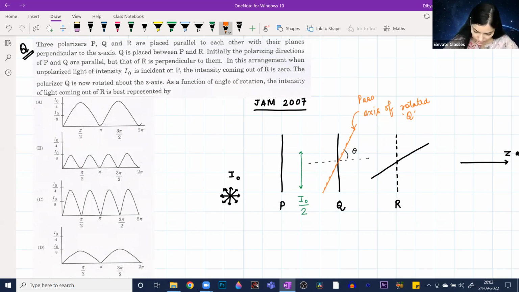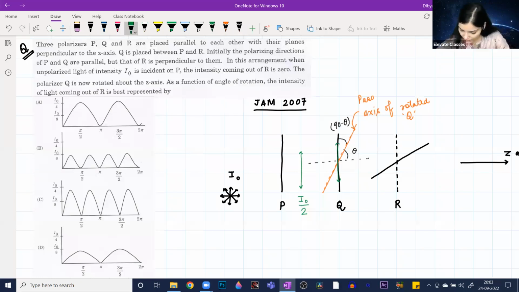That means that it is making, and my input light is like this, right? So I have to take the component of the beam shown in green along this orange line, where is the pass axis. So this angle is now 90 minus theta.